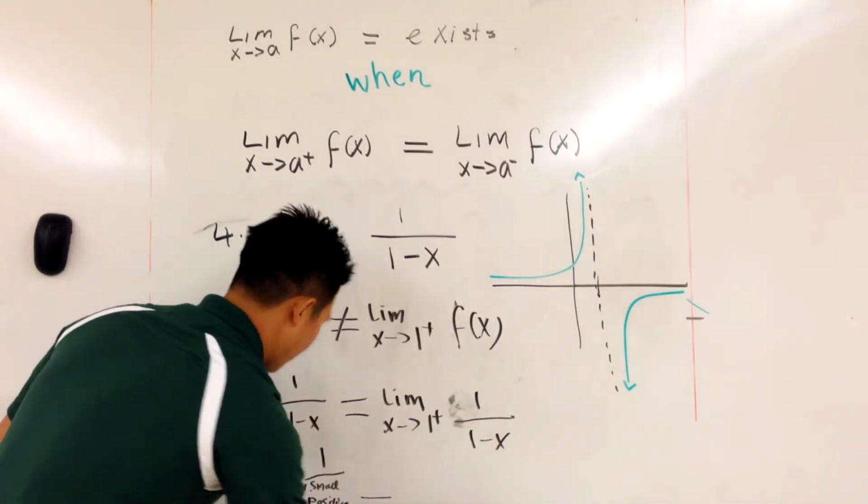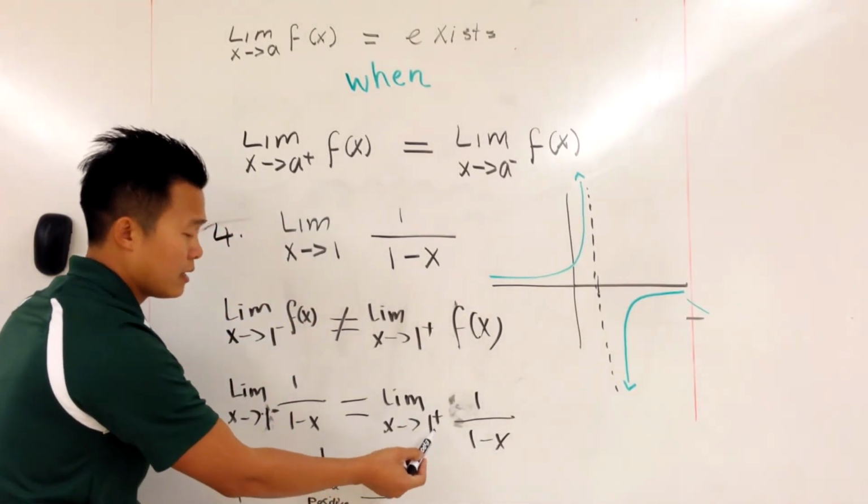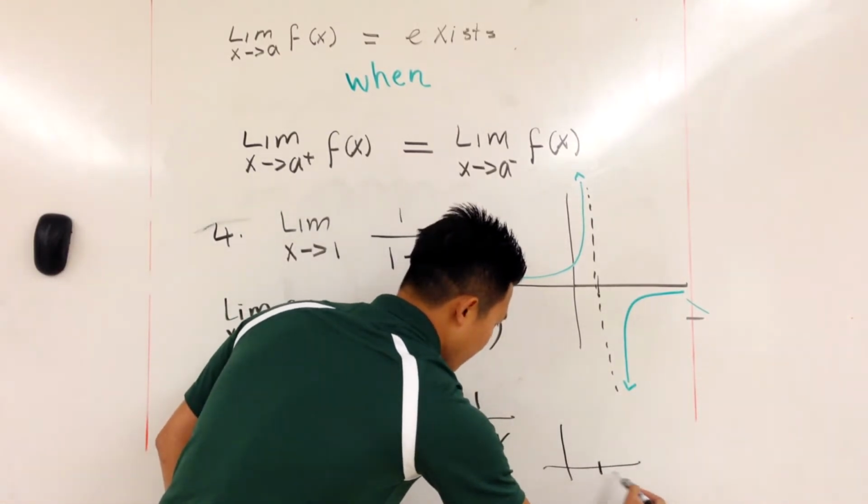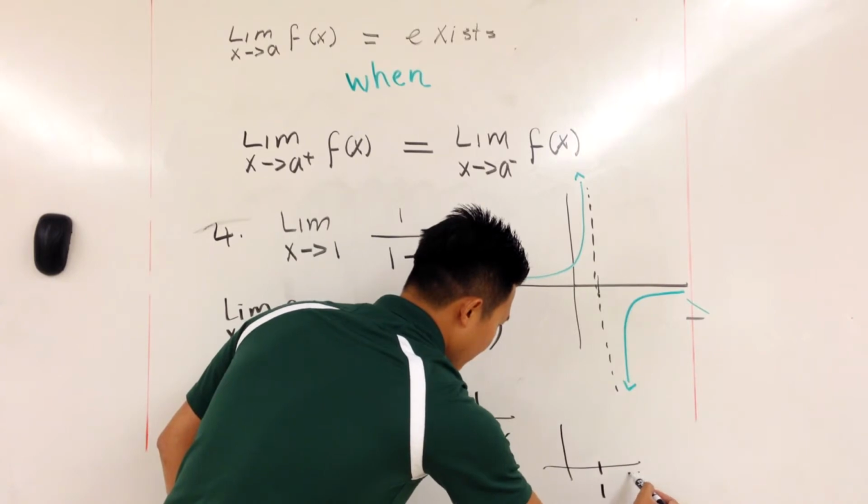Over here, you're approaching 1 from the right. So if you look carefully, here's 1, and you're approaching 1 from the right.